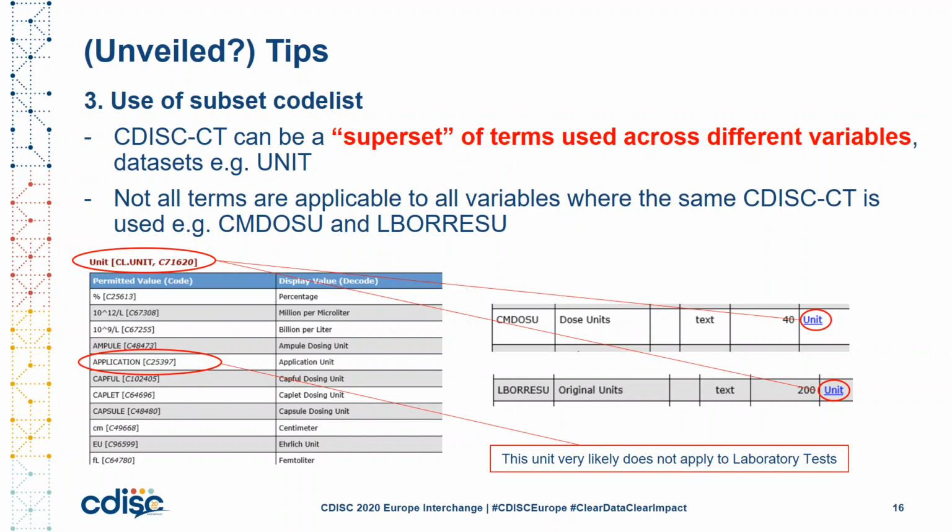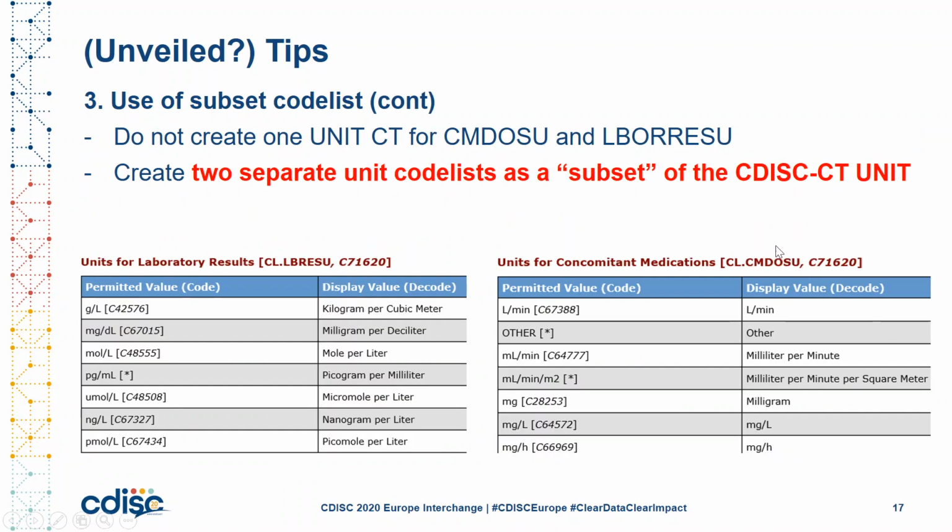In such a situation, defining in define XML a generic unit code list and assigning the same to both CMDOSU and LBORRESU or SUDOSU would not be appropriate. The solution would be to create in define XML two different code lists, one for CMDOSU and one for LBORRESU or SUDOSU, where the applicable standard terms from the unit CDISC controlled terminology would be reported as shown here in this example.